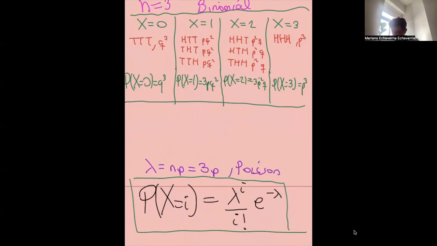So with x equals 0 you just get e to the negative 3p. For x equals 1, 1 factorial is 1, so you get lambda times e to the negative 3p.